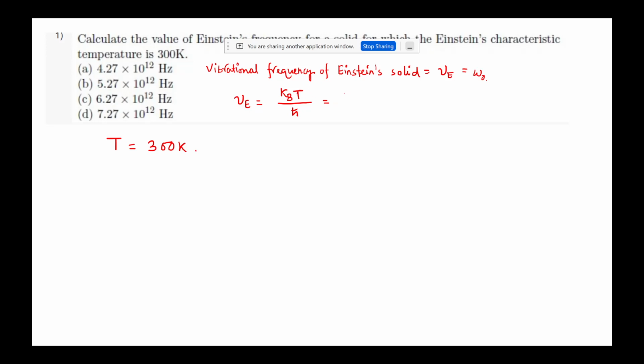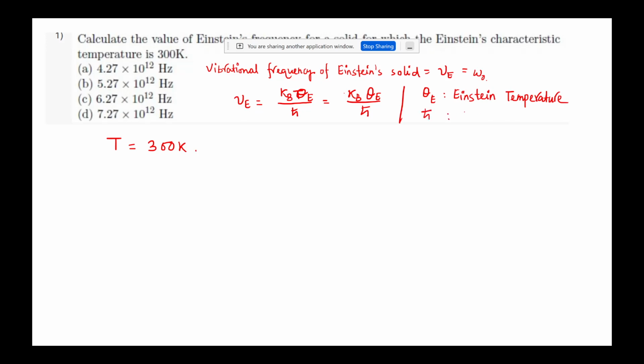Here this will be the Einstein temperature, theta E. So this will be kB theta E by h cross, where theta E is the Einstein temperature. What is h cross? Anyone knows?